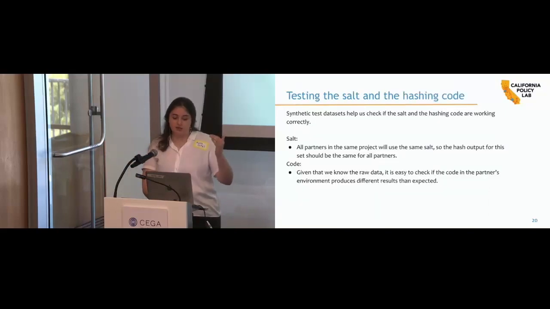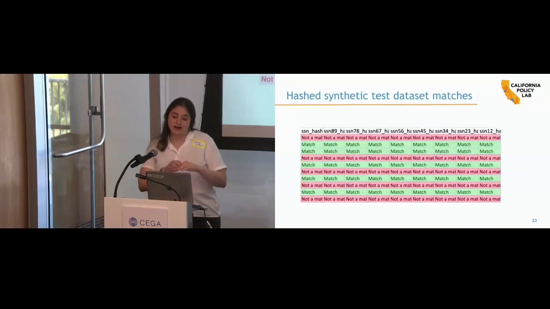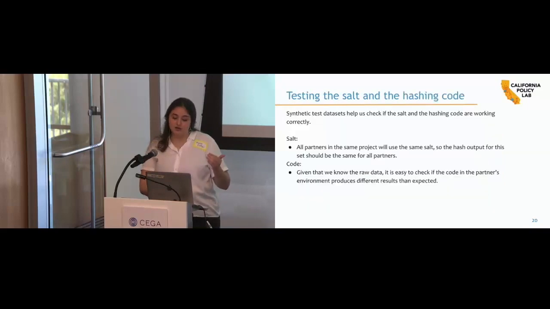The other part that we're checking is, again, the code. If we know that the salt is working, all of them are using exactly the same salt, we're 100% sure of that, and we're still getting something like this, that not all the records are matching, it's probably due to something in how their machine is handling the code.